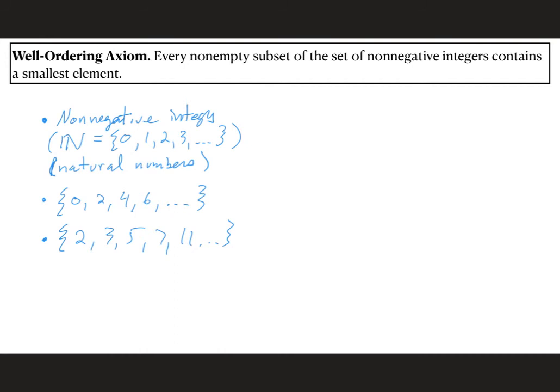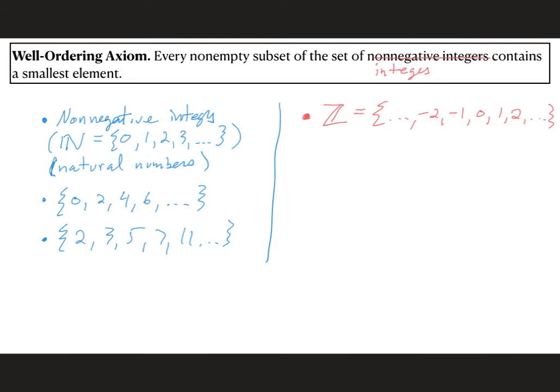Now, what would happen if we tried to replace the non-negative integers with a different set? So let's just play around for a second. What if we cross that out and said, well, what if it was all of the integers? Well, in that case, it fails, right? Because you could take the set of integers themselves, which is this set here, and you can see that there is no smallest integer, right?